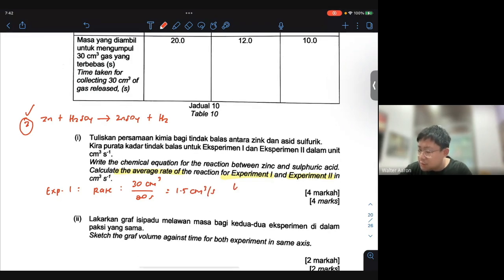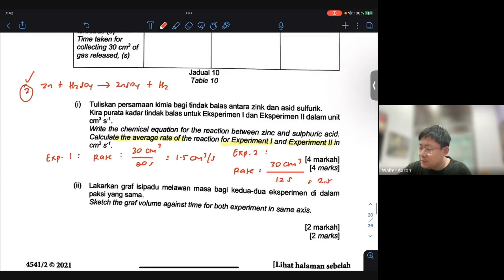And then for experiment 2, rate is equivalent to 30 cm3, same volume, divided by 12 seconds. So this will be 2.5 cm3 per second. If you get all this correctly, you should get 4 marks in total: 2 marks from the rate calculation and 2 marks from the balanced chemical equation.